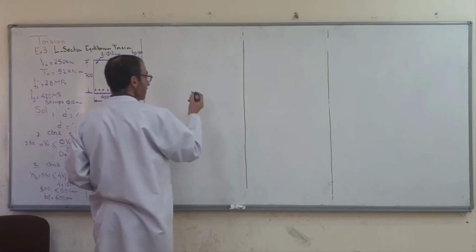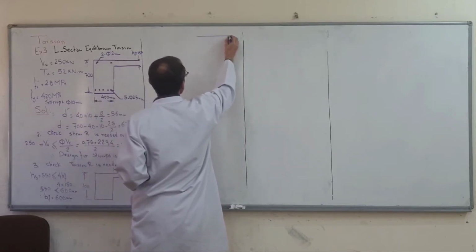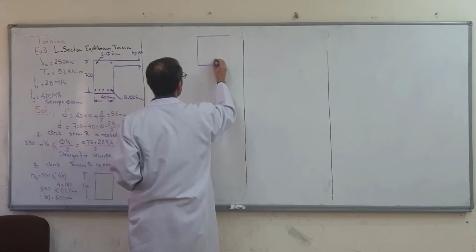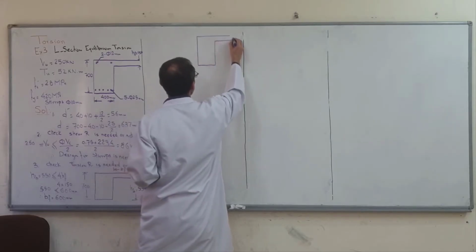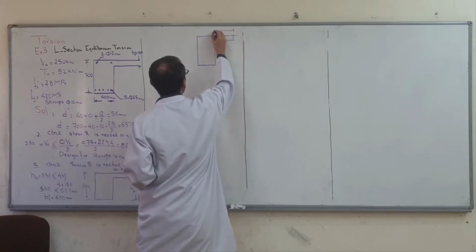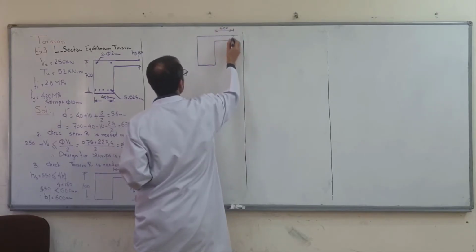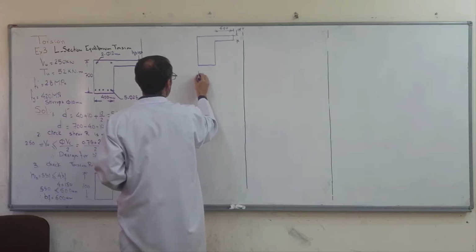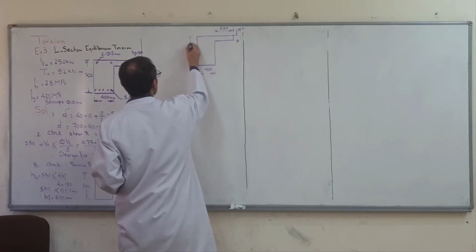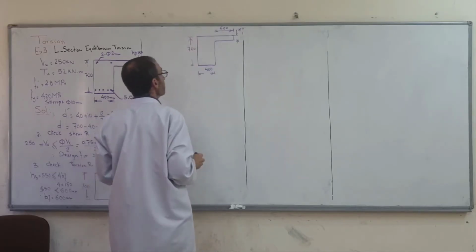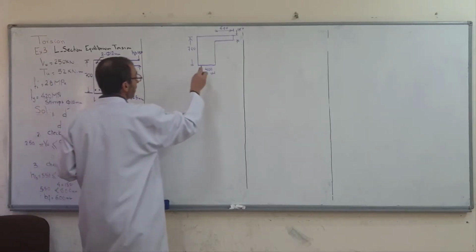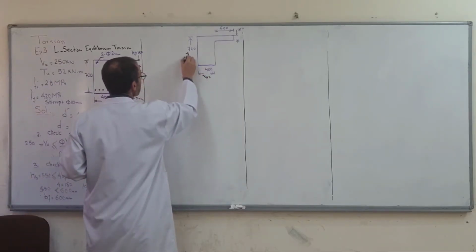Now I go to find Acp and Pcp. The dimensions are 600, 150, 400, and 700 millimeters. I put x1, this is x0, this is y0.